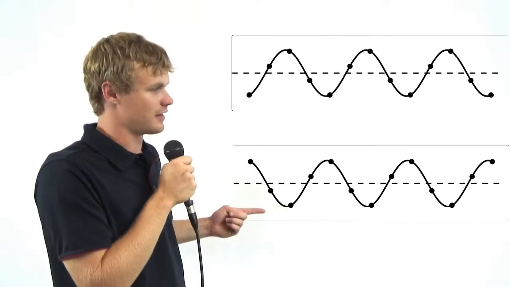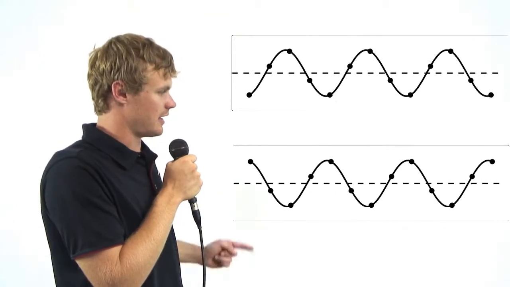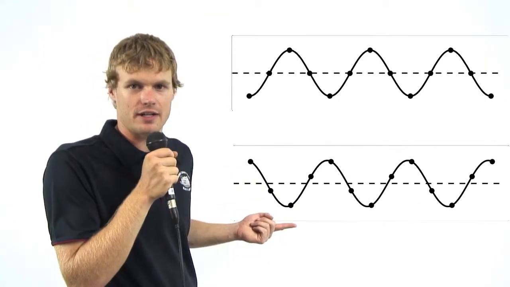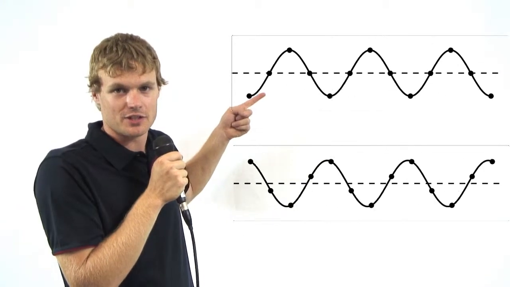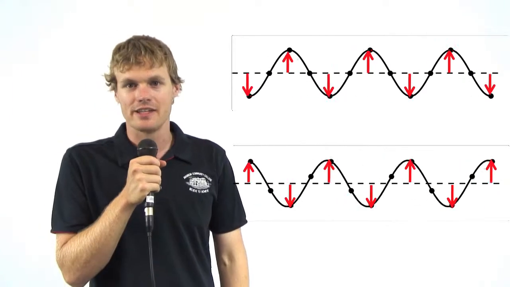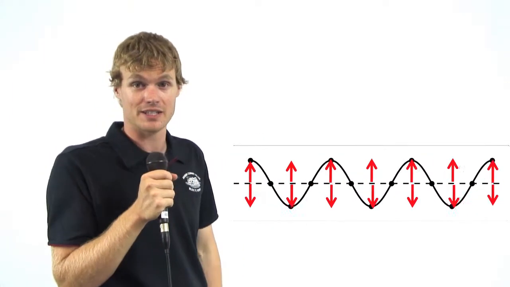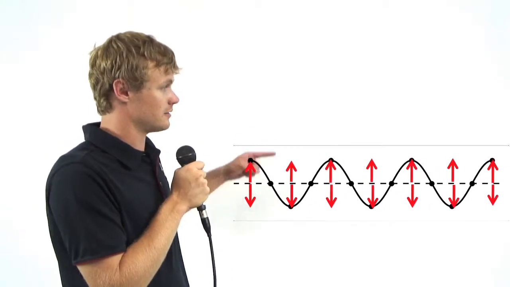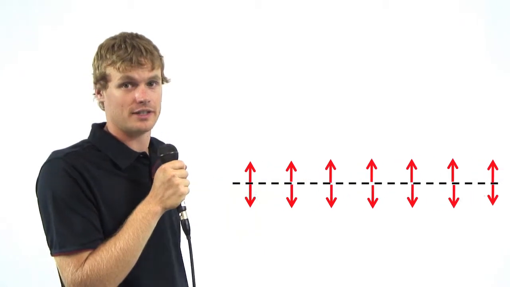Deconstructive interference would happen if one of these waves is slightly out of phase. So if I had this bottom wave 180 degrees out of phase, so wherever we have a crest on this one, we'd have a trough on this bottom one. If I draw in the vectors for these, and then add them two together, we'll see that the addition of this one and this one leads to annulment.